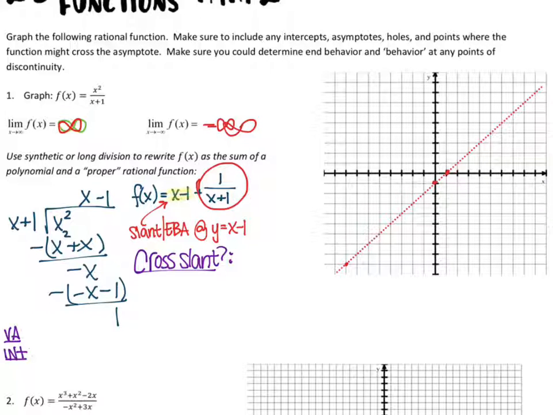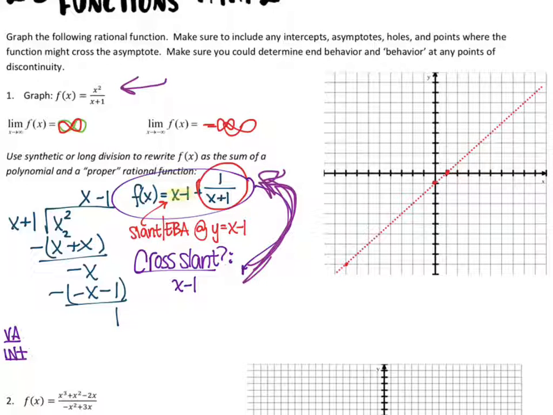But just like we did before, if we had a horizontal and we wanted to check if we crossed it, we would set the horizontal asymptote equal to the function. So I'm going to do the same thing. I'm going to set my slant asymptote, which is x minus 1, equal to our function. And just notice that I'm going to use this function right here. It's the same as my original that they gave us, but watch what happens when we throw it down here.